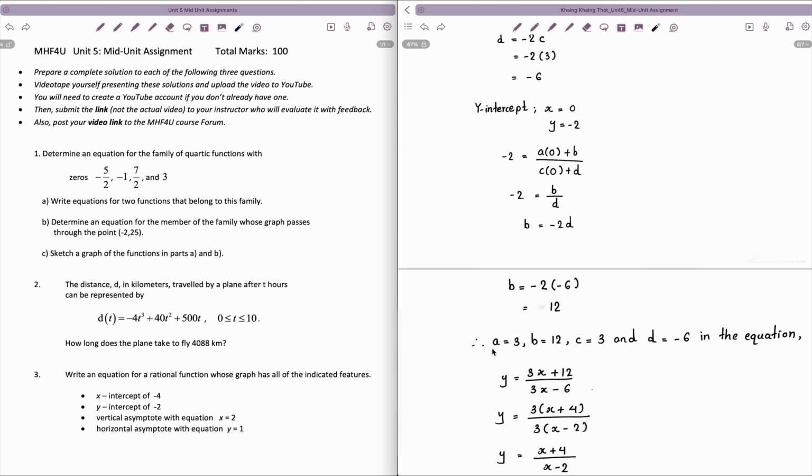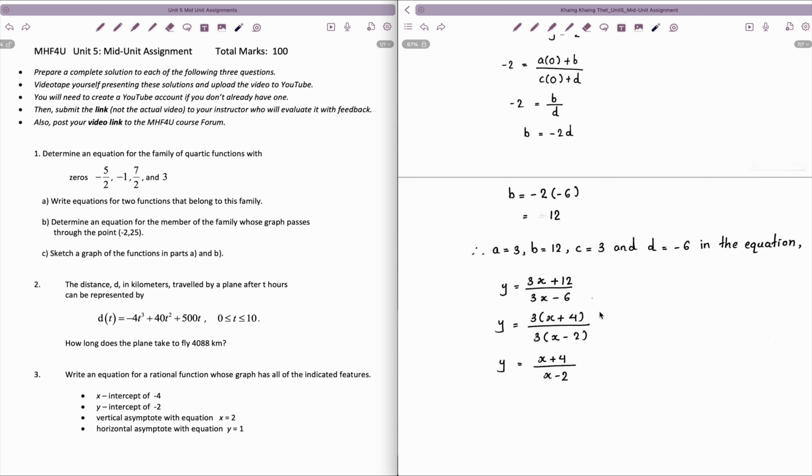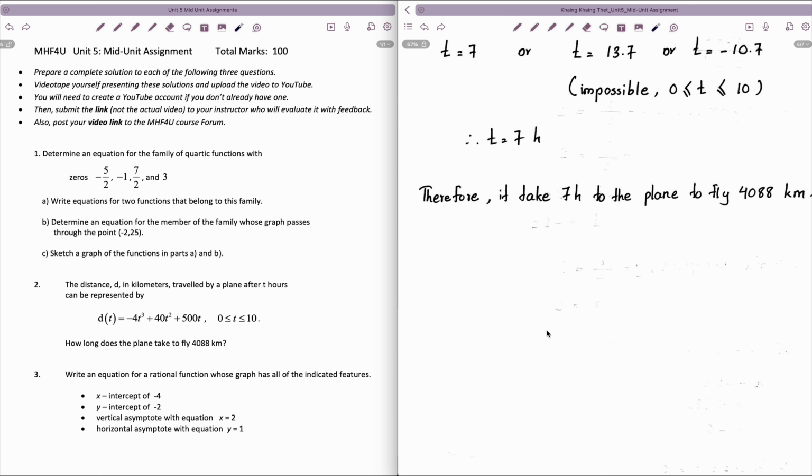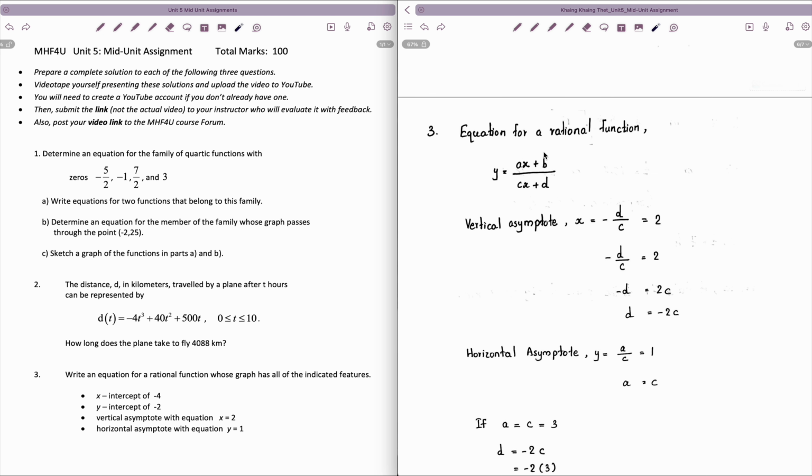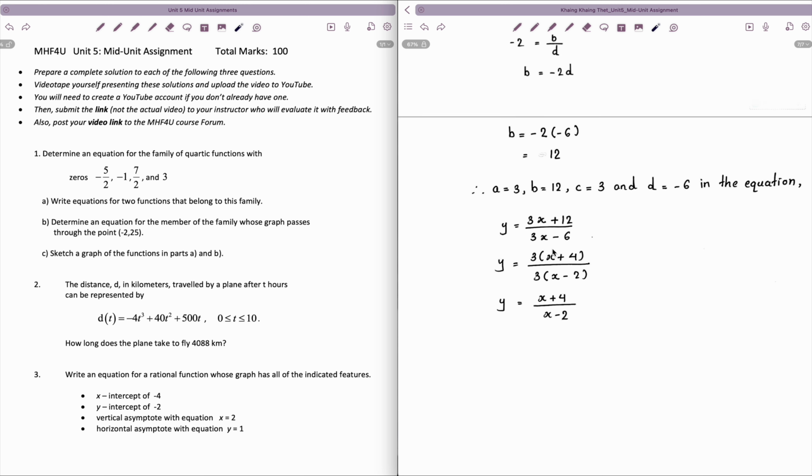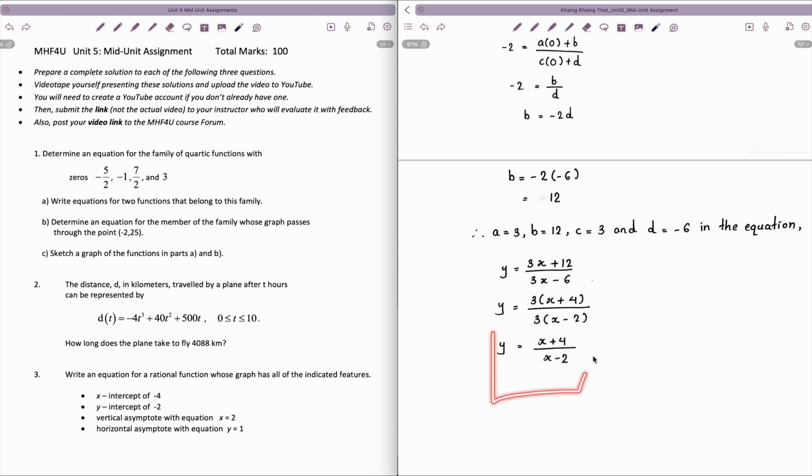So a is 3, b is 12, c is 3, and d is negative 6 in the rational equation. So we get the equation y equals (x plus 4) by (x minus 2).